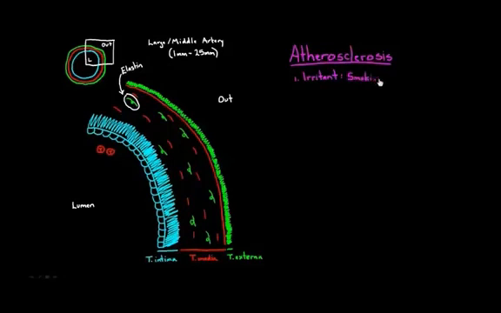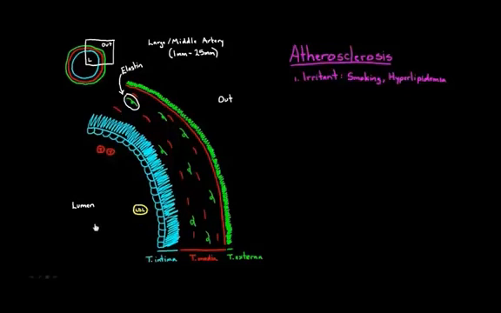Another irritant could be having too many lipids, so maybe hyperlipidemia. And when I say lipid, I mean specifically fats and cholesterol. So you could have little droplets, let's show little yellow droplets, because I think of yellow as fat, of LDL. This is a protein.